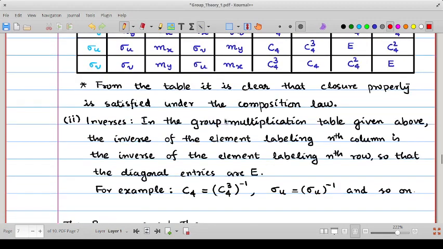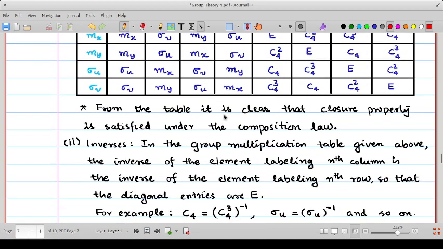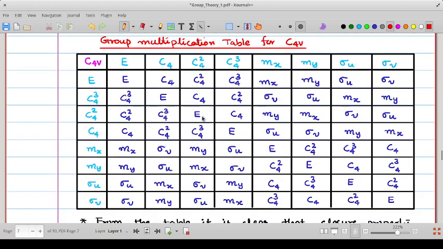Now looking at the group multiplication table, we can easily see that every element has an inverse element, and that's why we have an identity element in one of the cells in every row and in every column. By looking at the group multiplication table for C4v, we also see that the product of any two elements in the set is also one of the elements of the set.